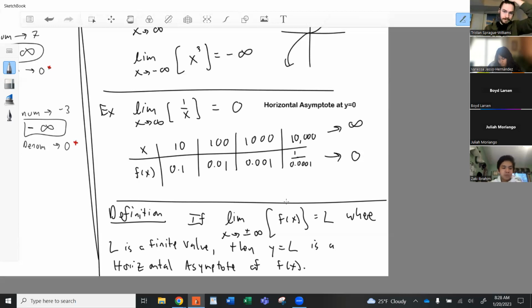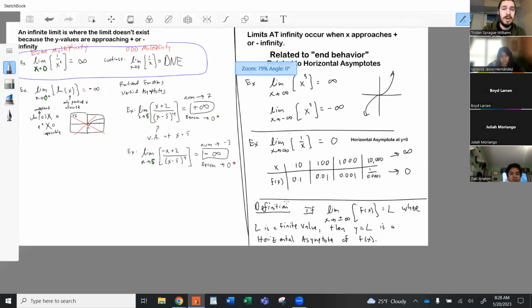Okay. Whenever the end behavior on either the left side or the right side is finite, whenever the limit at infinity is a finite value, that's a horizontal asymptote.